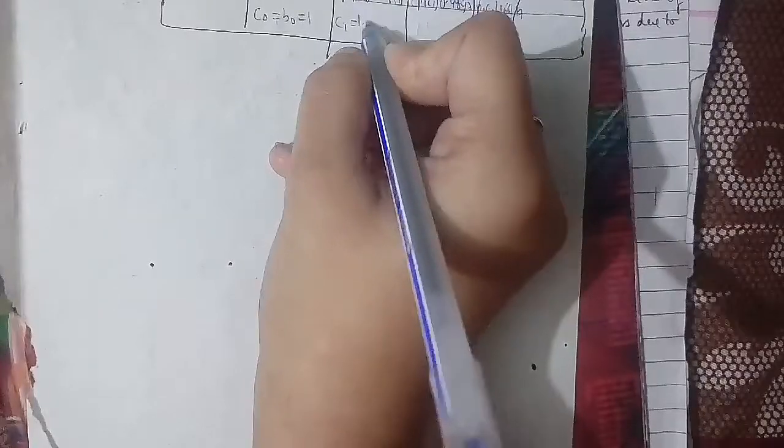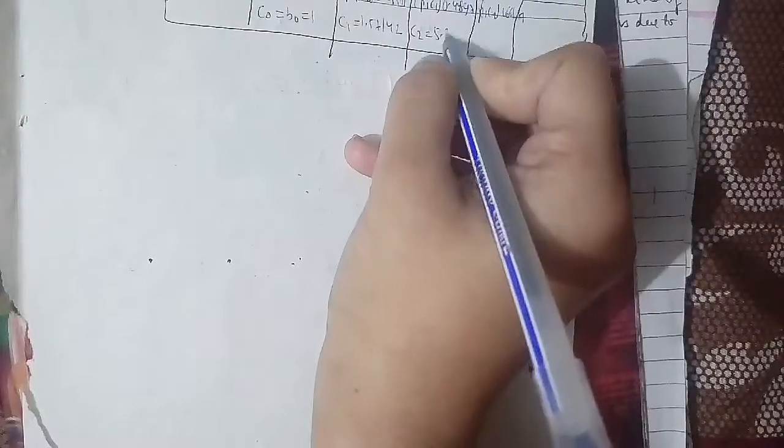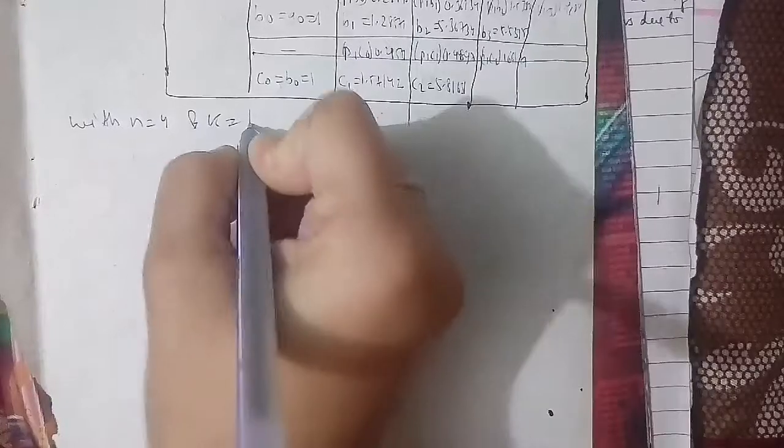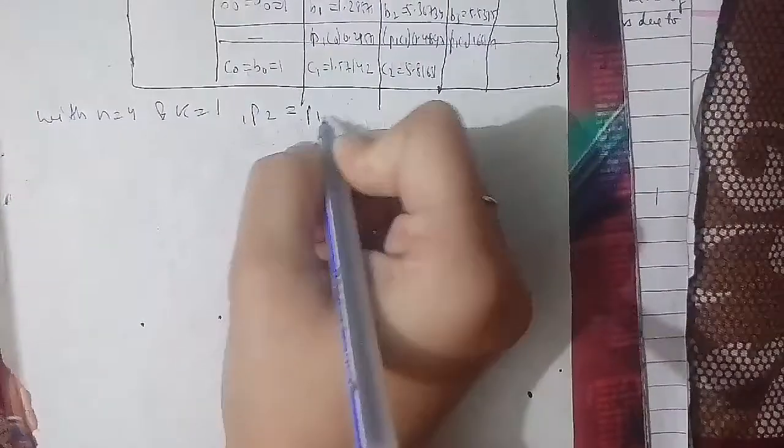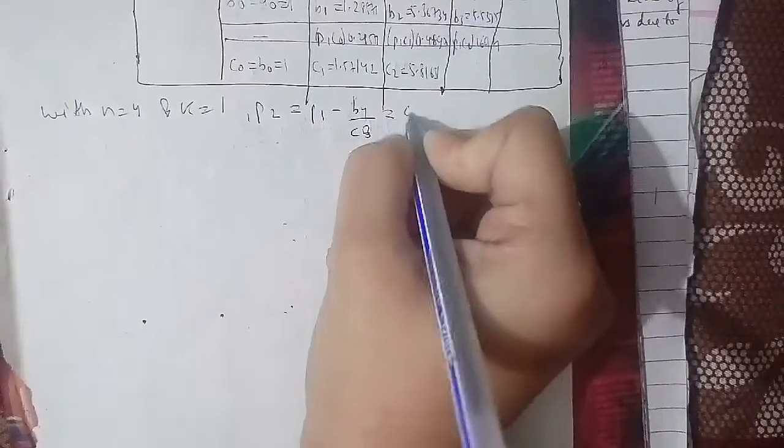So for the same, with n = 4 and k = 1, we put in the values: p2 = p1 - B4/C3 = 0.28571 - 5.58097/7.19527, which equals -0.48993.